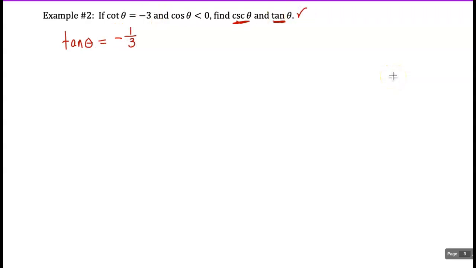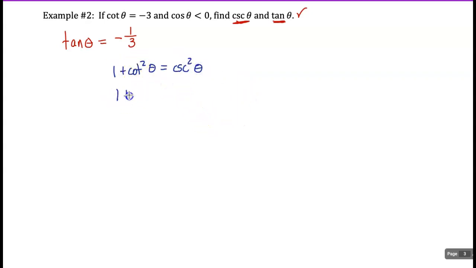Now that we have tangent and cotangent, there's no quotient identity that's going to get us cosecant, because that's the reciprocal of sine. So we have to use one of the Pythagorean identities. Probably the quickest way is 1 plus cotangent squared is equal to cosecant squared.